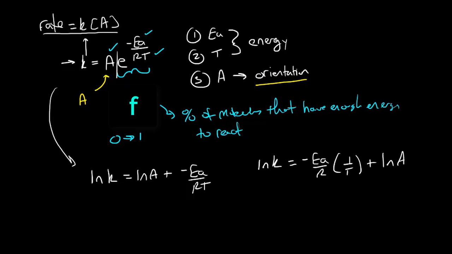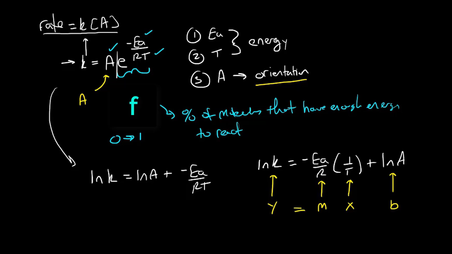So the reason that we do this is that it puts the Arrhenius equation into a linear relationship, where the natural log of K is our Y term. This minus EA over R is M. 1 over temperature is our X term, and the natural log of A is our y-intercept.